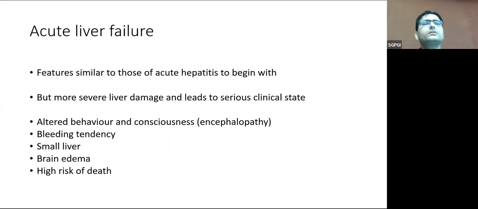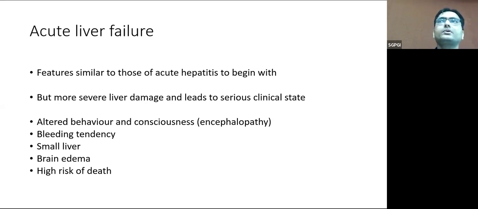Now coming to acute liver failure, as I already told, only 1% of patients will progress to acute liver failure, but the severe liver damage leads to a clinical state where the patient can also succumb to illness.